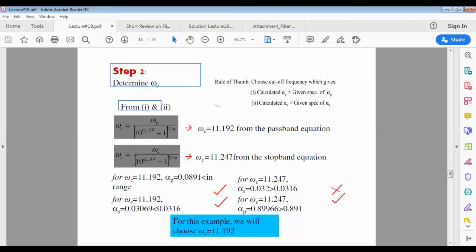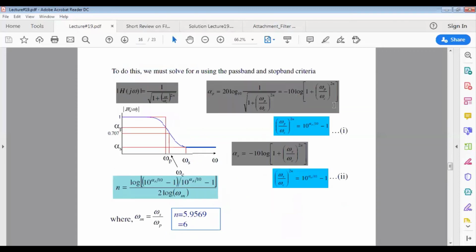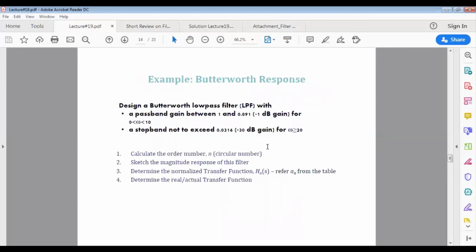Step 2 states that we have to choose the cutoff frequency that will give calculated alpha P bigger than the spec of alpha P, and calculated alpha S smaller than the spec of alpha S. Just to recall the specification from the previous questions: alpha P is 0.891 in linear scale or negative 1 dB, whereas alpha S is 0.0316 or negative 30 dB in dB scale.